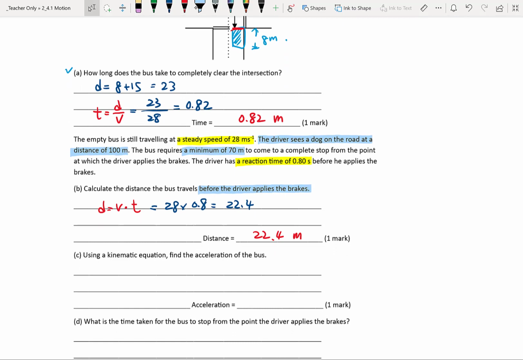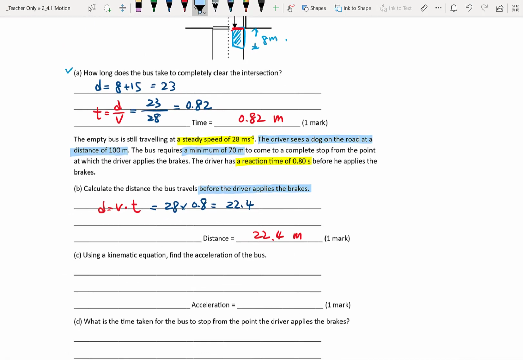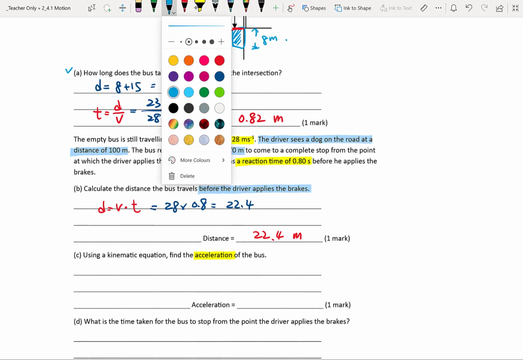Now we want to use the kinematic equation to find the acceleration of the bus. So this means we have the brake. After we apply the brake, there's some friction involved, and we want to know the acceleration. So what do we know from the question?